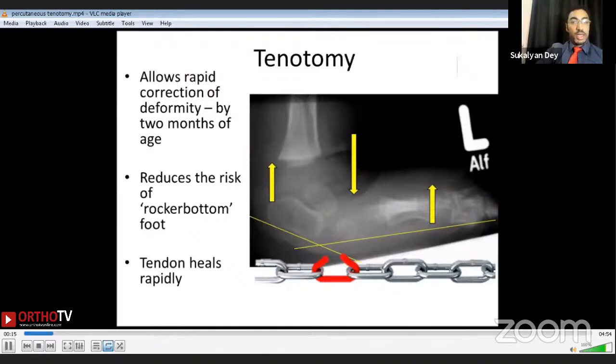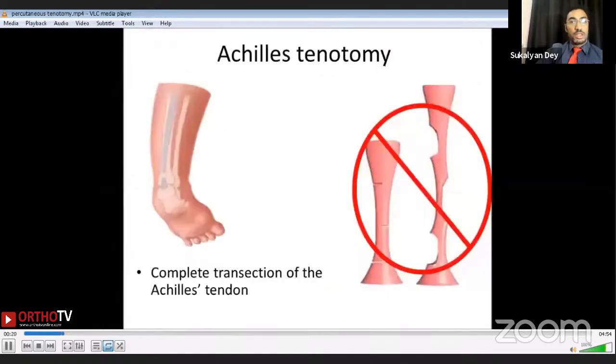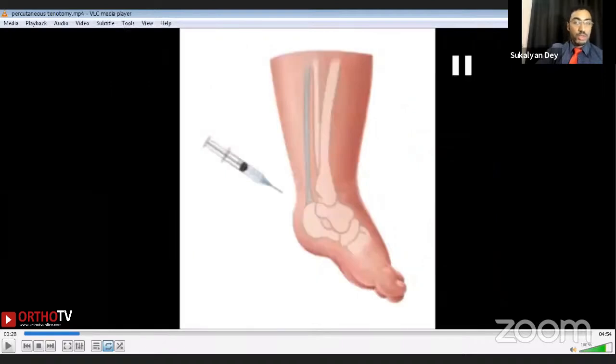The only way is a complete transection of the tendon, and we have indeed come a long way from the traditional multiple hemi cuts of the tendo Achilles, because we know the tendon completely regenerates in a matter of just 3 weeks. So percutaneous tenotomy includes 3 stages.